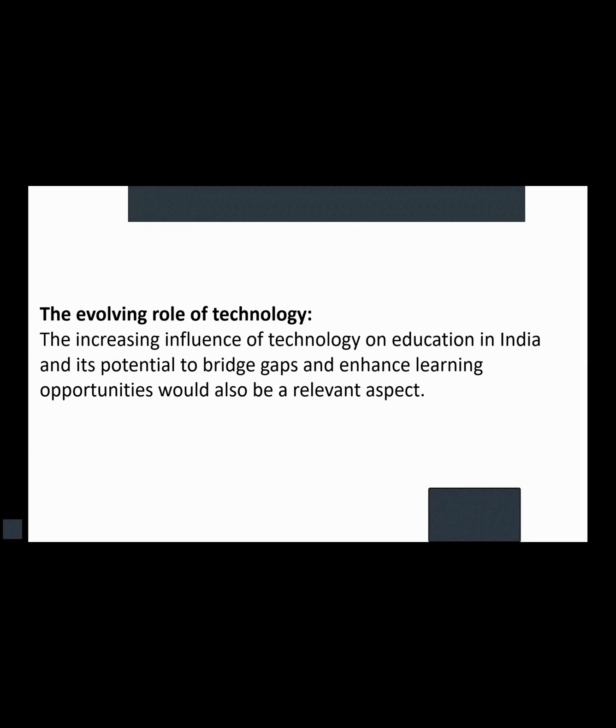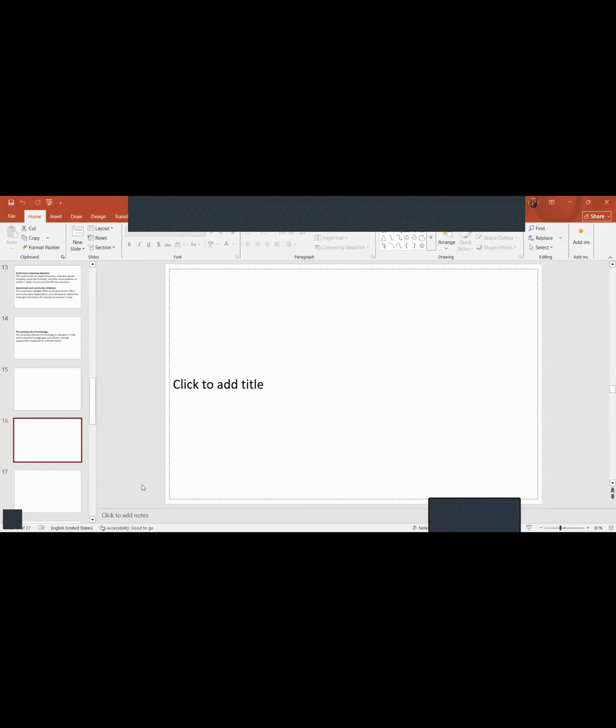So the evolving technology on education bridges gaps and enhances learning opportunities, for example online learning and distance education. Okay, so that is the end of that, because this Indian topic is not very much related to us.